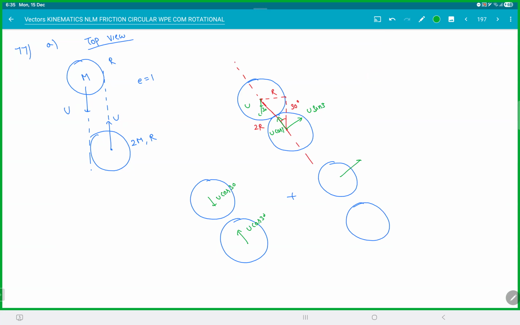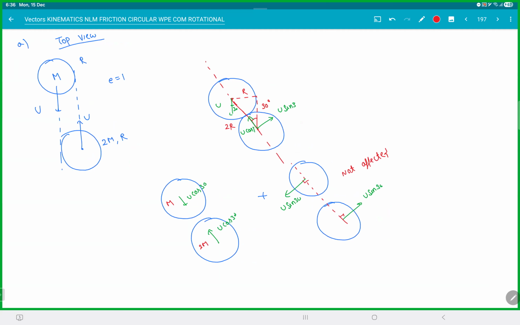This is u sin 30, and this is u sin 30. We know during the collision, only velocities along the normal will get affected. The perpendicular components will not change. So these components are not affected. So this is mass m and this is mass 2m.